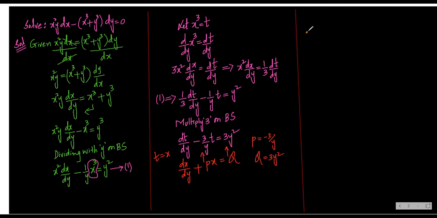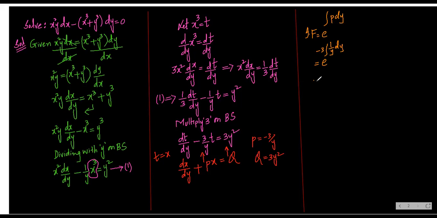Integrating factor we have to find. Integrating factor is equal to e power integral p dy, since the variable is y. Integral p value is minus 3 outside, it is 1 by y dy.